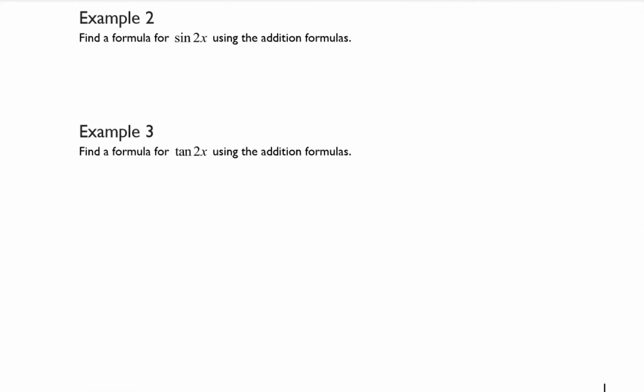Example 2 wants us to find a formula for sine of 2x using the addition formulas. So we're basically going to do the same thing that we did in example 1, except now we're going to do it for sine. And if you remember from the previous unit, sine of alpha plus beta is equal to sine, cosine, cosine, sine.